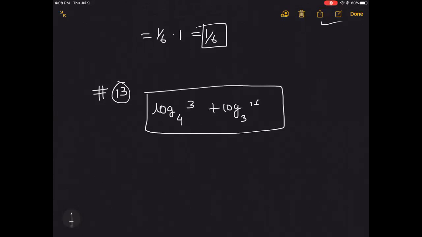What's the first thing that comes into your mind when you see a problem like this? What can you do? Make the bases the same? I don't think that's a feasible option, because we have a 4 here and a 3 here.